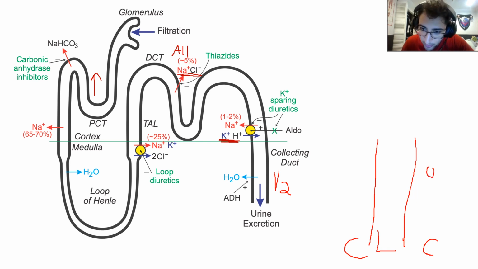The aquaporins aren't inserted into the membrane. And remember, aquaporins are water channels. So the aquaporins aren't actually in the membrane of the collecting duct by default. By default, they're just sort of hanging out.